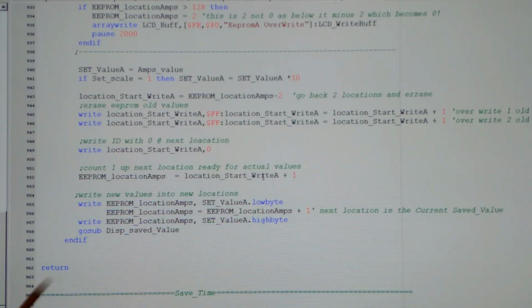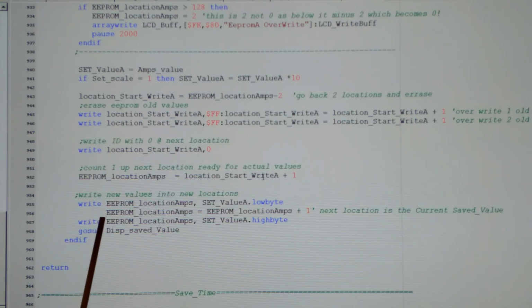So again now, because I was at the ID, I had to jump to the next location, count 1 up, next location ready for actual values, okay? Because after the ID, which is a 0, I told it there, then is the actual first byte and then the second byte, okay? So from 0 I got a plus 1 for the location.